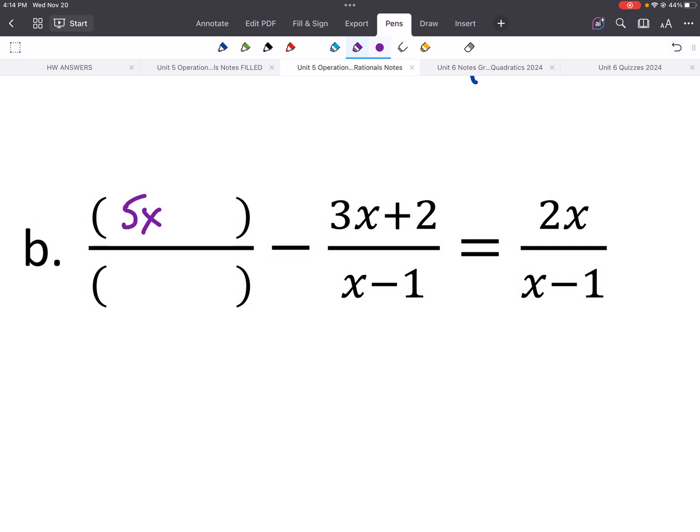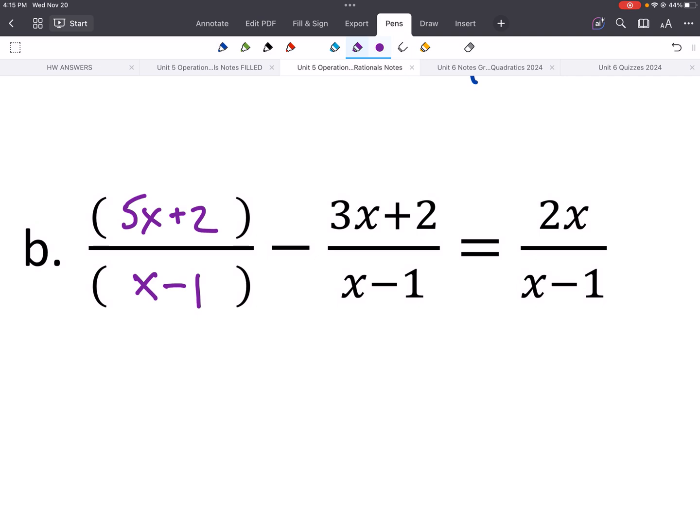Okay, and then we need to look at the constant. So what minus 2 would give us nothing? Think about that. It would have to be 2, right? So a positive 2. And our common denominator would be x minus 1.